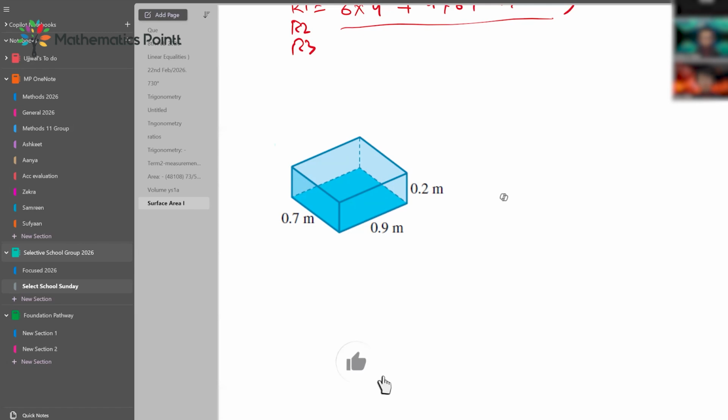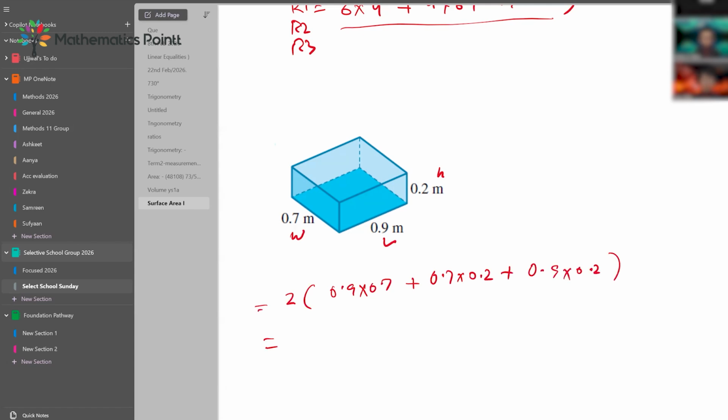So that's length, that's width, that's height. So 2 times length times width plus width times height plus height times length. Solve it and you get 1.9 meters square. Simple.